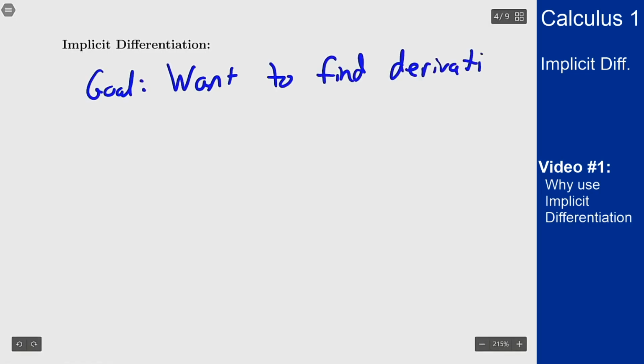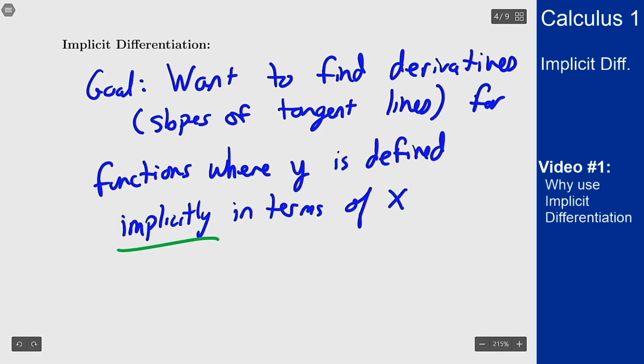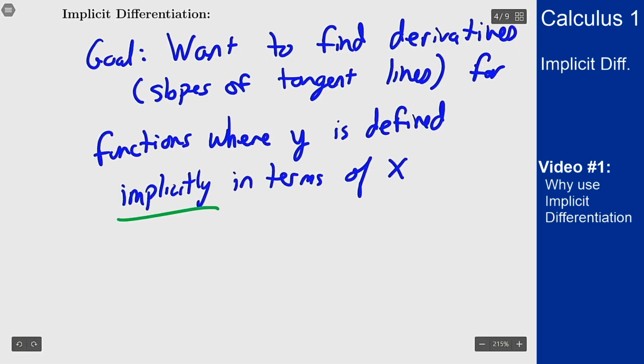That's the idea of implicit differentiation. The goal of it is that I want to find derivatives or slopes of tangent lines for functions where y is defined implicitly in terms of x. Now, what does that word there mean? Well, it's in contrast to explicit functions.